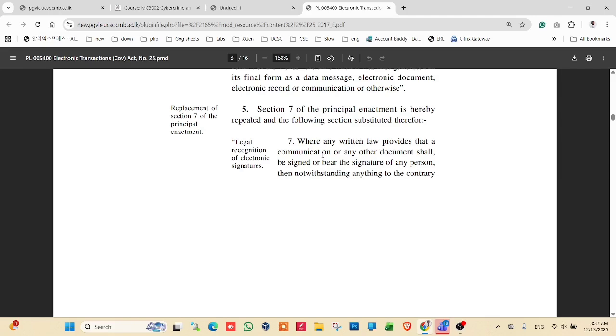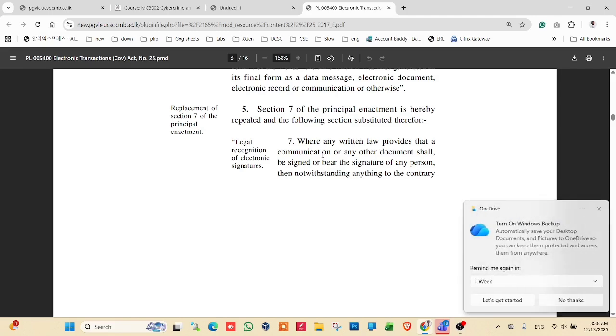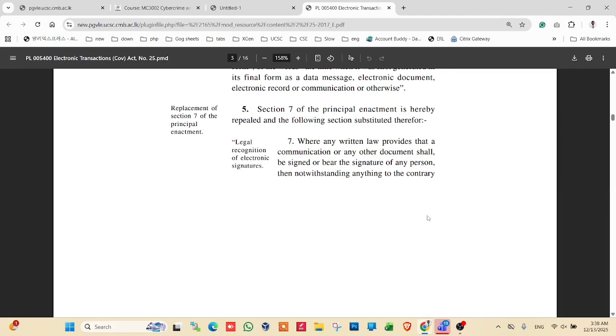So there are 2 types. Sometimes you have a repeal and replace. Sometimes you just have a repeal. Sometimes you have modifications, right? So the current law of this country is basically this section, not the section 7 you see in the Electronic Transactions Act, right?